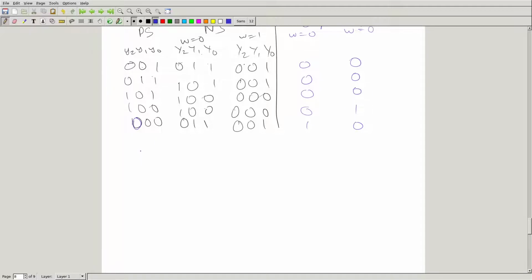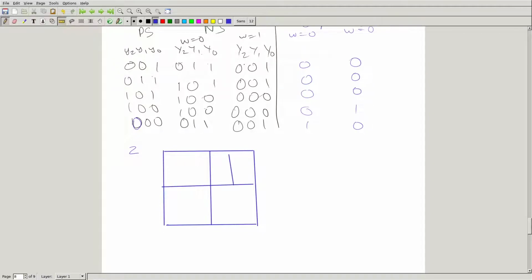So this is relatively simple. We draw a four variable K-map with W, y2, y1, y0, and we have minterms 0, 1, 2, 3, 4, 5, 6, 7, 8, 9, 10, 11, 12, 13, 14, 15.